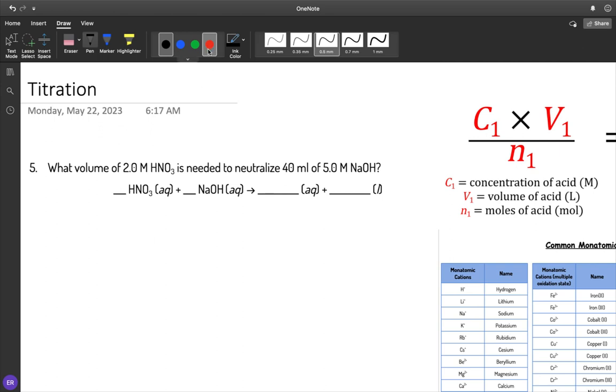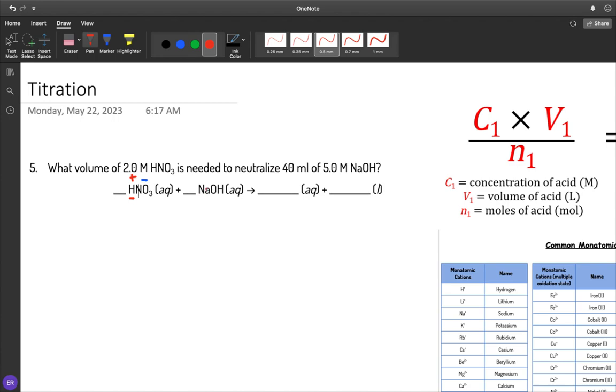So our acid right here, that means that when we react, this H is going to be our positive, and the NO3 is going to be our negative. So for now, all we care about is just which one is positive, which one is negative.